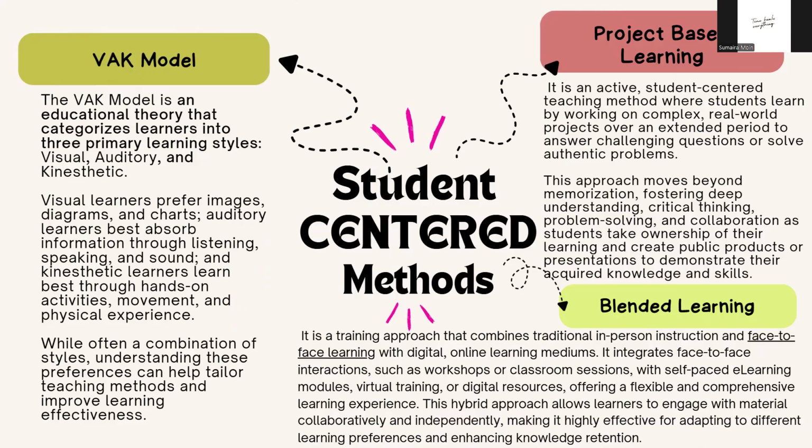So being a teacher, we should know what sort of students I have in my class, and definitely I should include certain activities in my teaching, in my lesson plan, that every type of student is involved in it. While often a combination of styles, understanding these preferences can help tailor teaching methods and improve learning effectiveness.